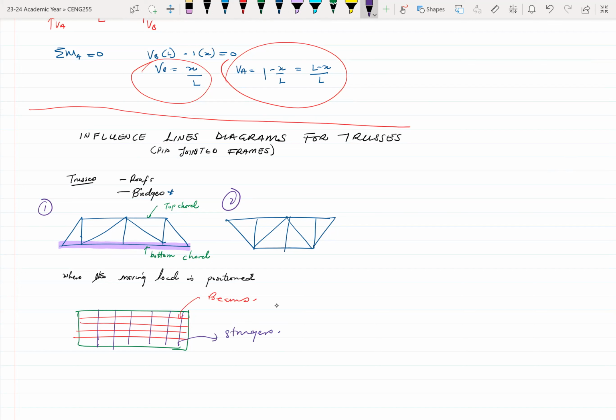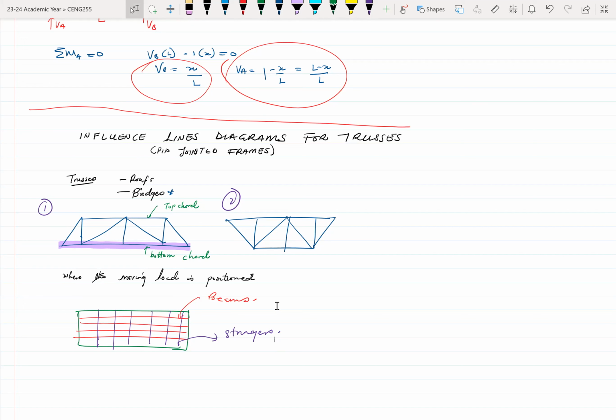Then when you have this mesh-like system, normally bridges are made up of steel, and then when you have this system in place, you would cast either concrete over it to act as the deck, or as a platform on which the vehicles will move. So it could be reinforced concrete for most cases, or sometimes even a steel plate.